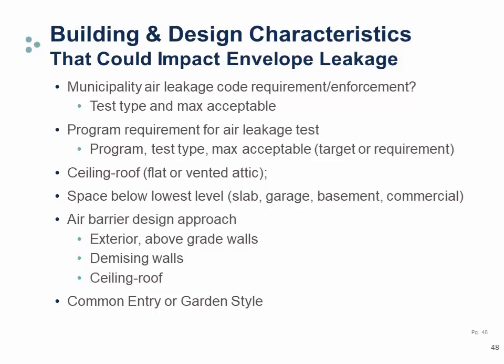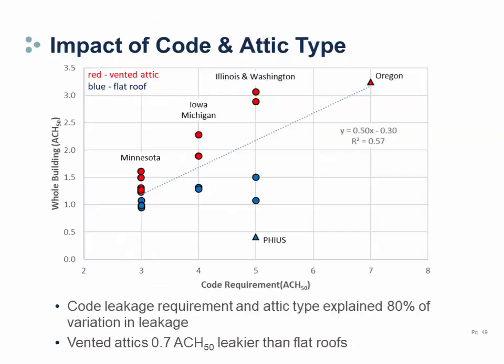Is it flat or a vented attic space? Space below the lowest level, such as slab on grade, garage, basement, commercial. The air barrier approach for exterior grade walls, the demising walls, air ceiling details between apartments, again, the type of ceiling or roof, and whether or not the building was a common entry or garden style.